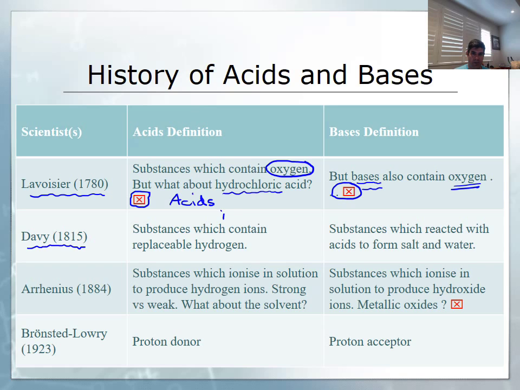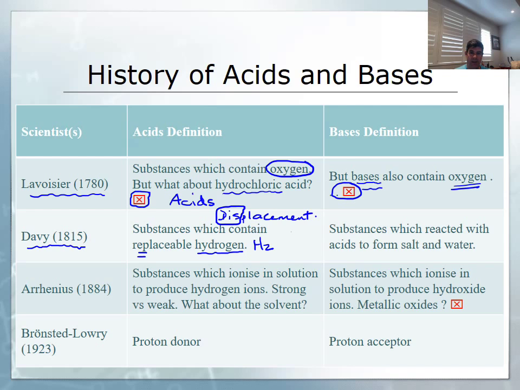Okay, so when you think about Davy, think about displacement, because he had noticed certain reactions in which hydrogen gas, H2, could be replaced, or more correctly displaced in solution by a metal.